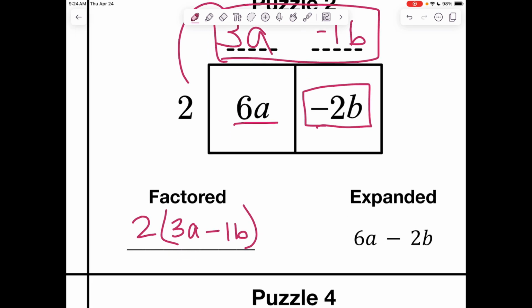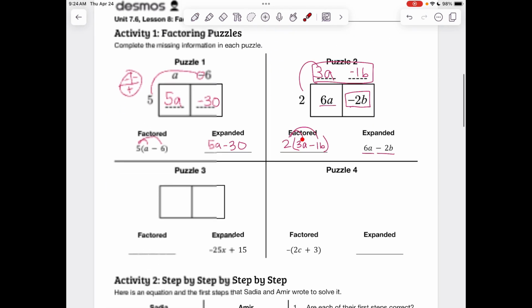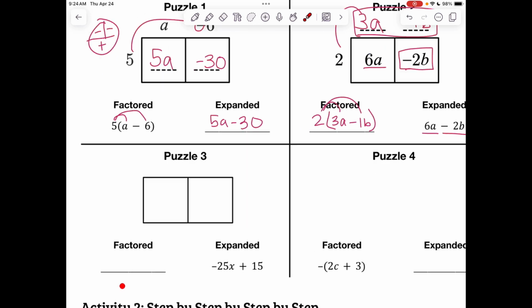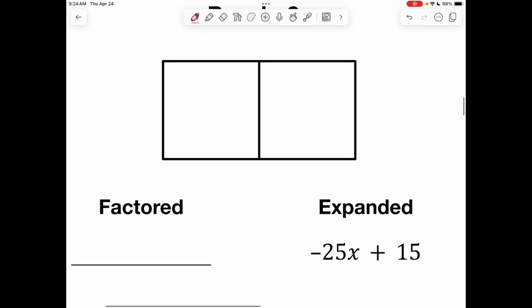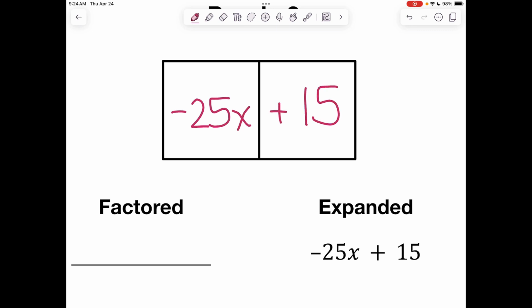And then if we did our whoop whoops, 2 times 3a is 6a. 2 times negative 1b is negative 2b. So we are correct. These ones are a little bit trickier because you have to think backwards, but I know you can do it. All right, this next one, they're making it really tricky on us. We have negative 25x, so that's going to go inside, and then we have plus 15.